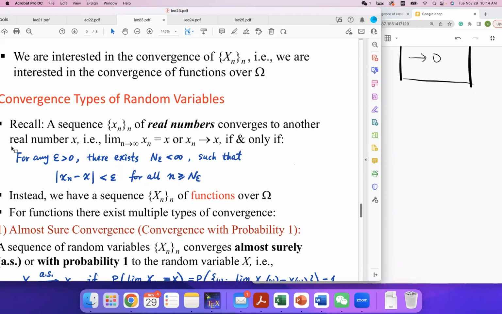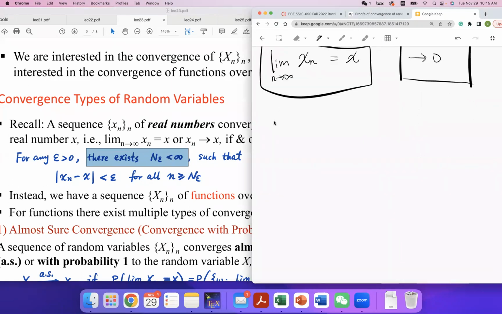Precisely, it means that for any epsilon bigger than 0, any deviation epsilon, you pick an arbitrarily small epsilon. Epsilon could be 10 to the power of -10, could be 10 to the power of -100. Pick any arbitrary epsilon.